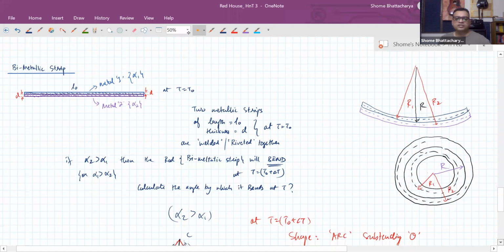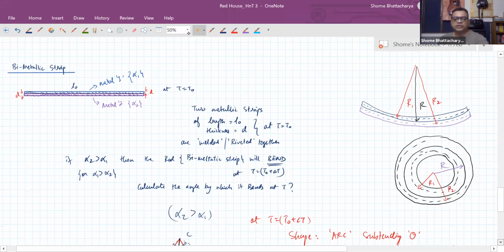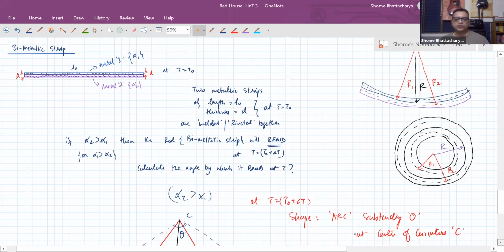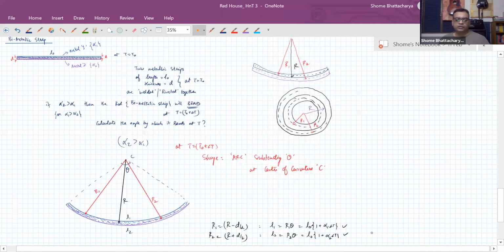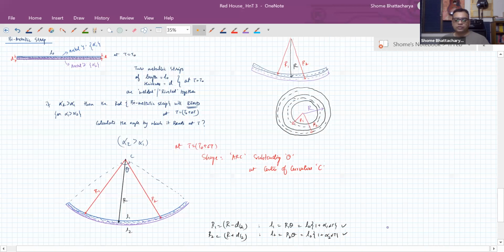Okay, anyhow, so I'm minimizing this a bit so you can note this down, and now you can try to develop the formula yourself from these two. You have to just manipulate these two equations in the end to find out your theta as a function of the temperature change.